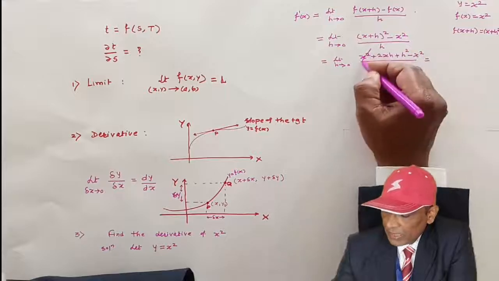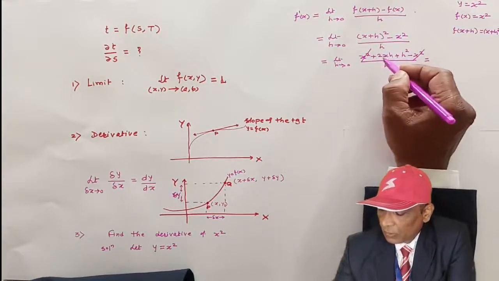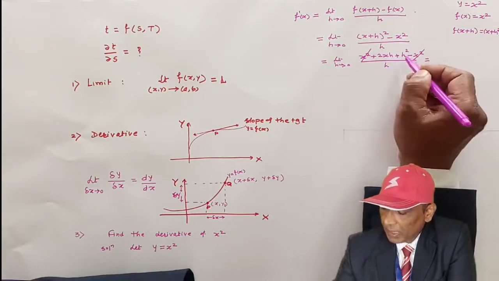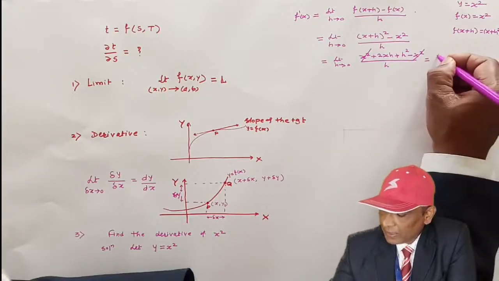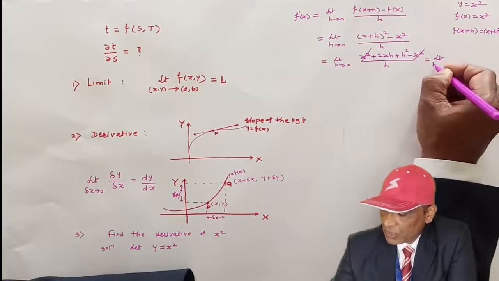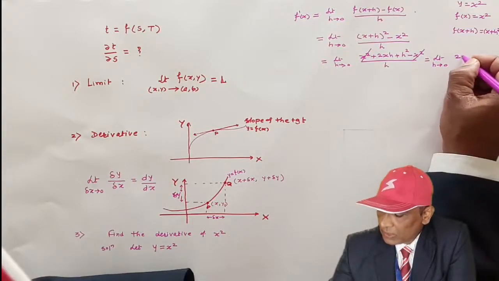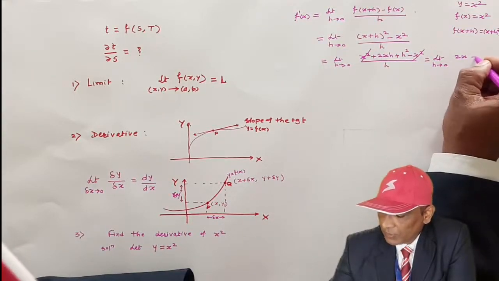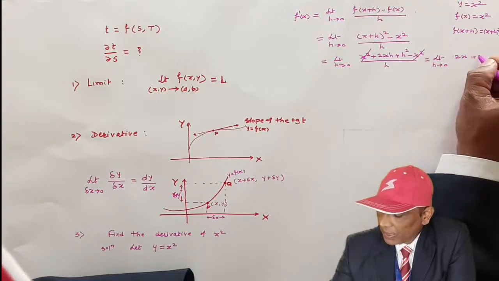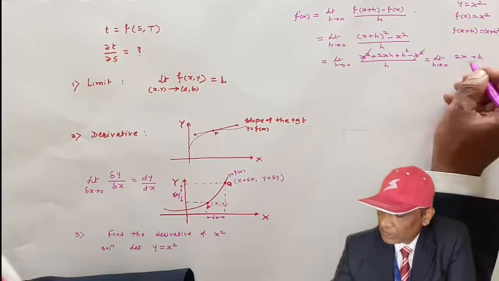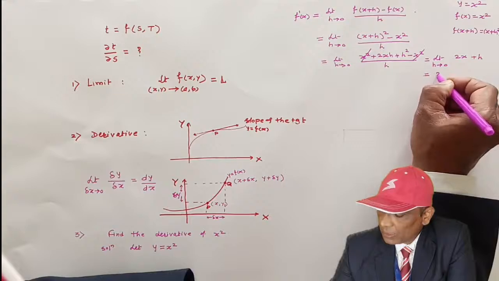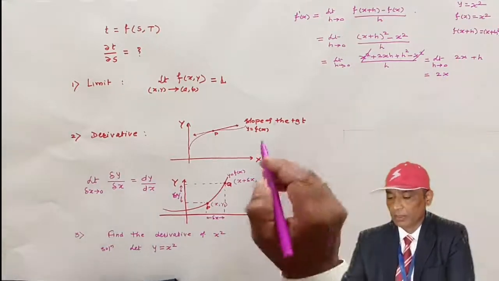Now this x square gets cancelled, and 2xh divided by h and h square divided by h I am writing here, limit h tends to 0, 2xh divided by h means 2x, plus h square divided by h is h. Now put h equal to 0, so you are getting 2x here.